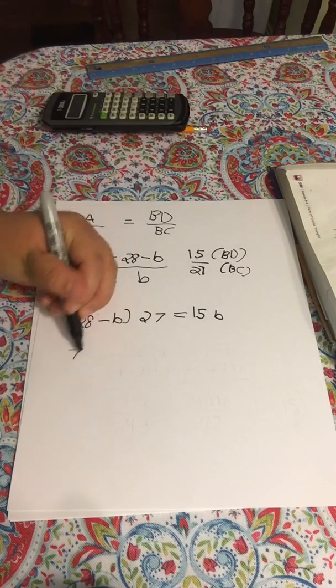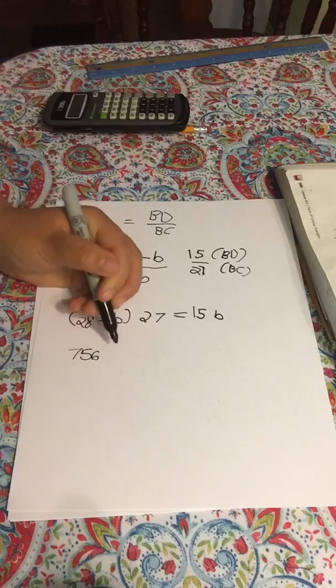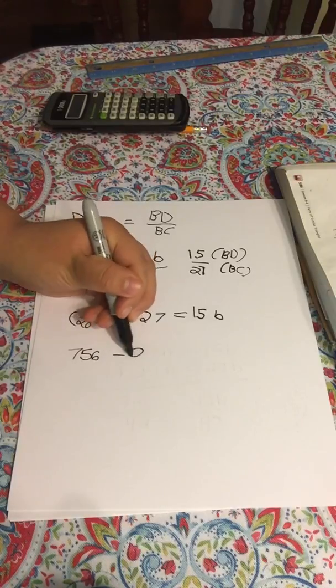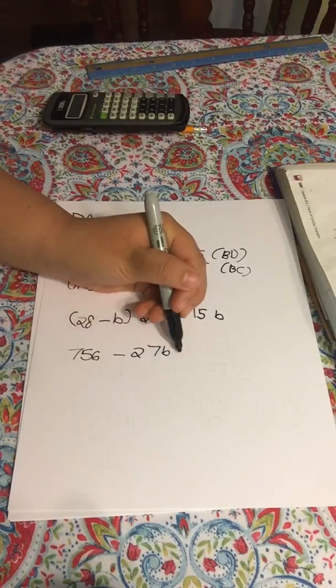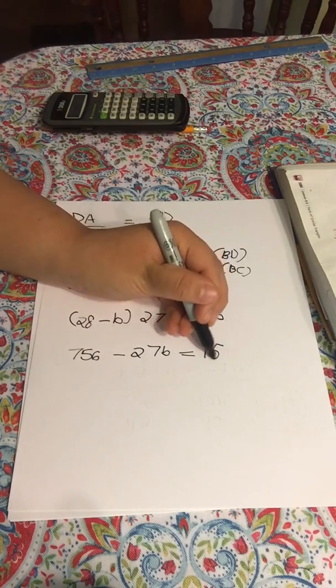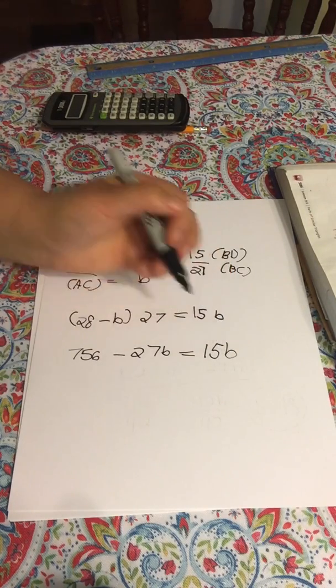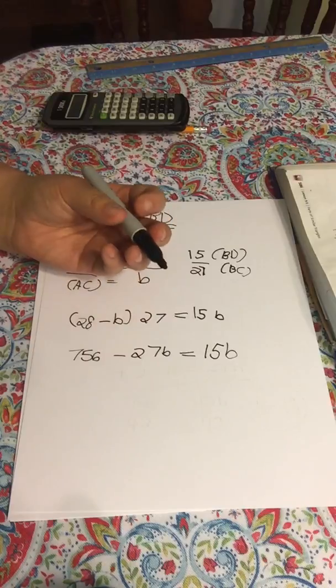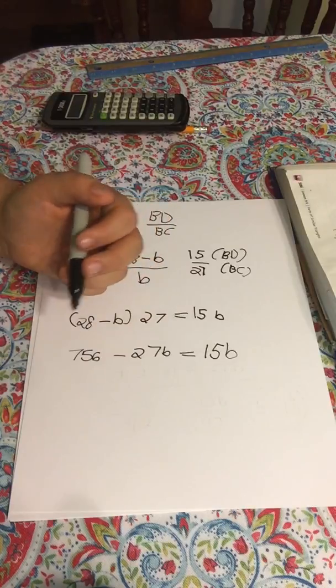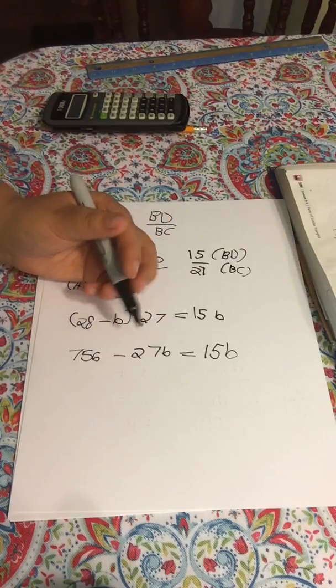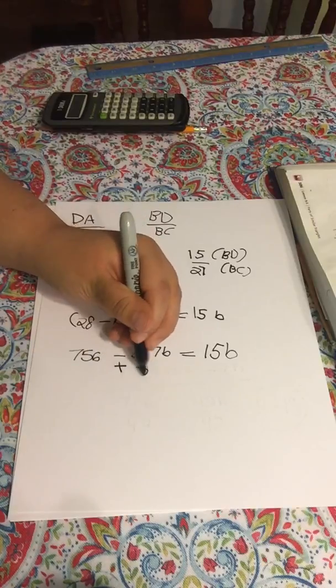So that's 756 minus 27b equals 15b. But to isolate 756, we have to add 27b on both sides.